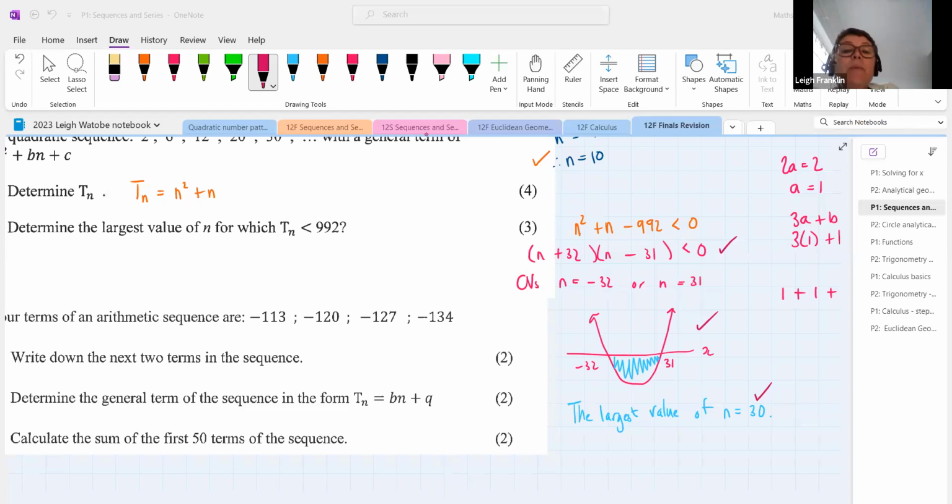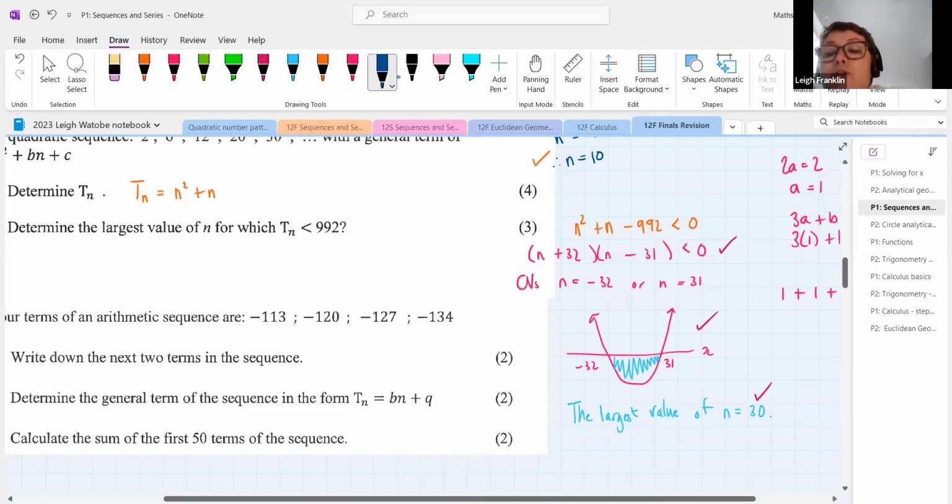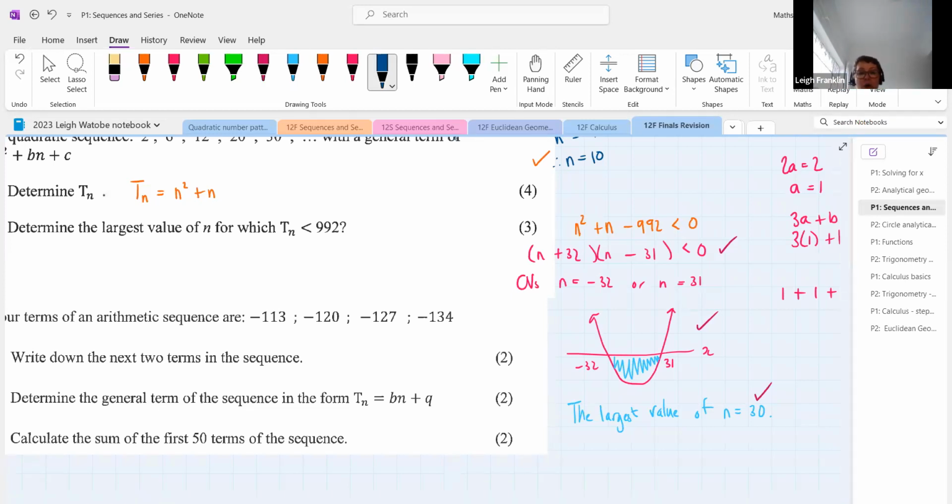Yeah, so it can't be 31 because, Amatle, look here, this is just smaller than. So the largest value of n, your Tn is not equal to 992. It's smaller than 992. It's not smaller than or equal to 992. So it can't be 31.